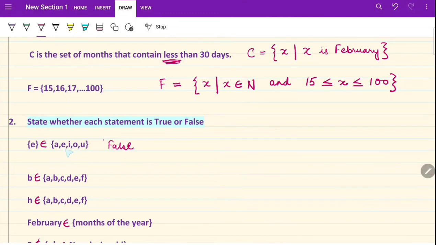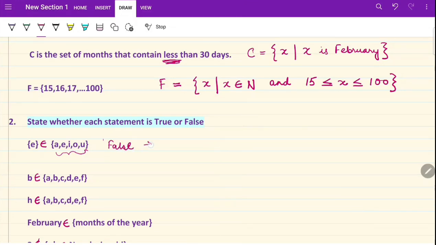If the individual elements were sets, then this would have been true. However, a set cannot be a part of another set which only contains elements. We can have a set with sets as elements, that's fine. However, in this statement, A, E, I, O, U are not sets, but just individual elements. So this is false.